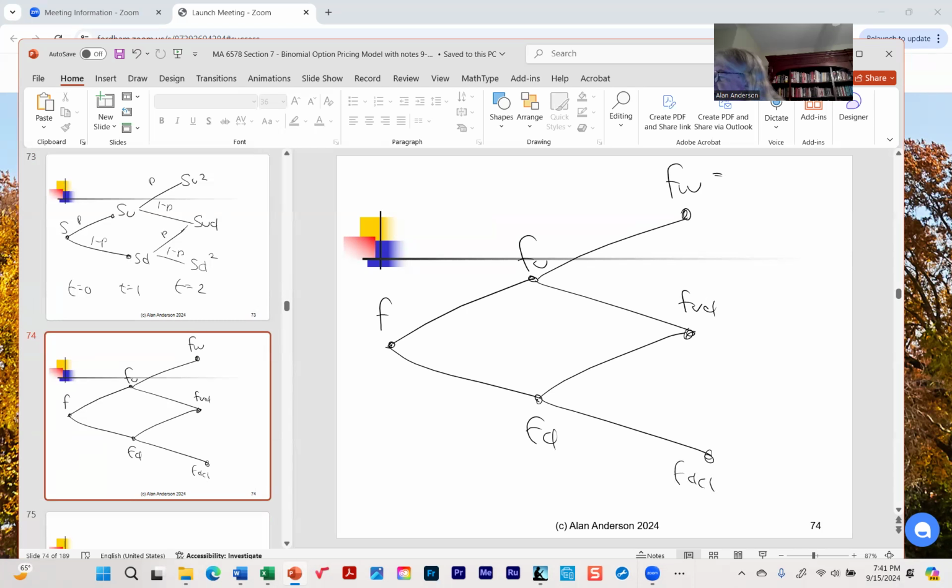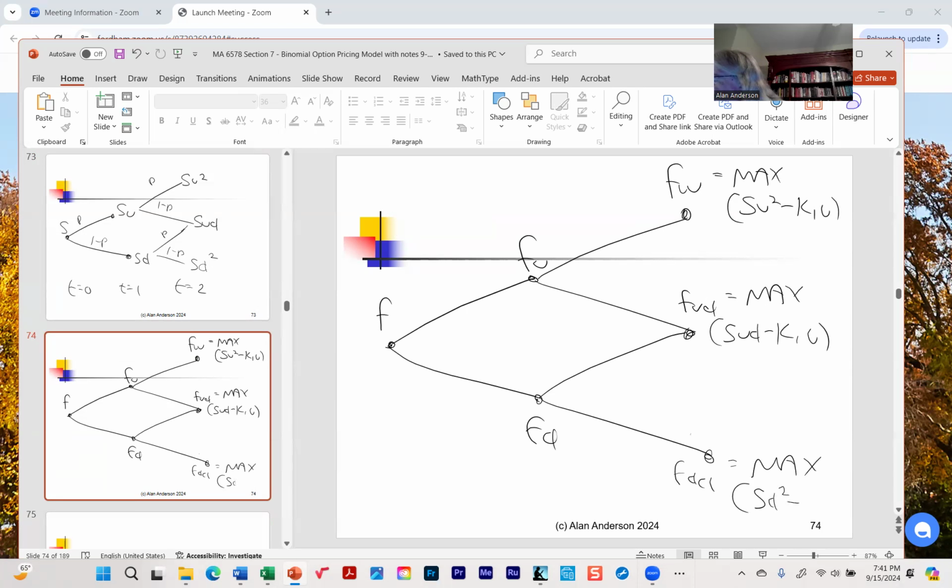So here that would be max of SU squared minus K0, max of SUD minus K0, and max of SD squared minus K0. So we now have three interior nodes, and each one will use the same logic that we just saw.